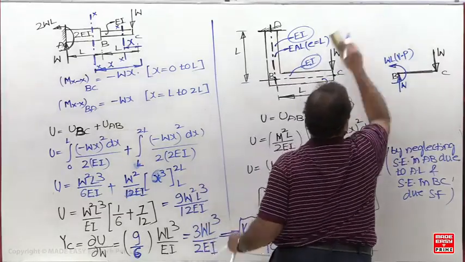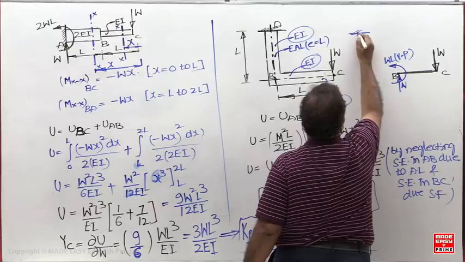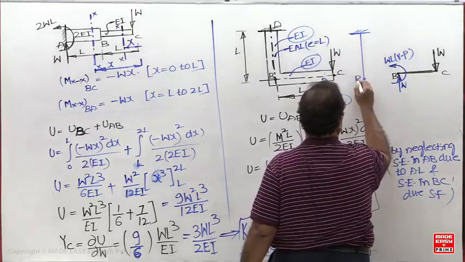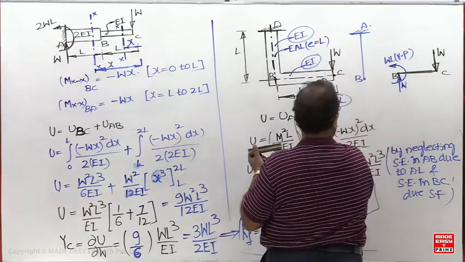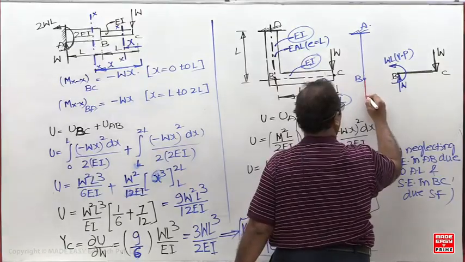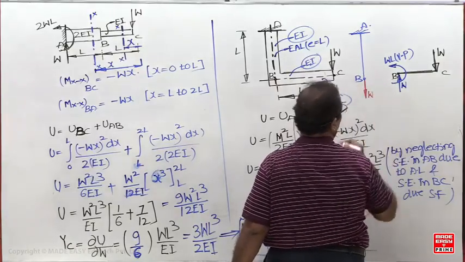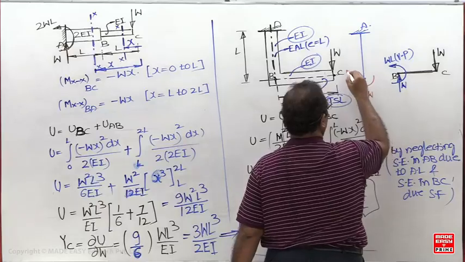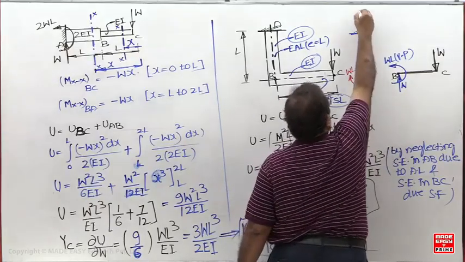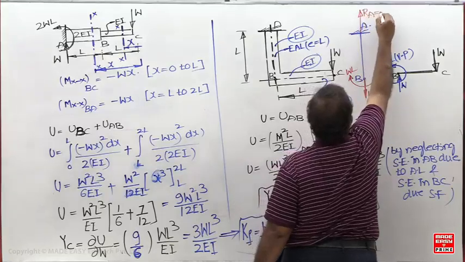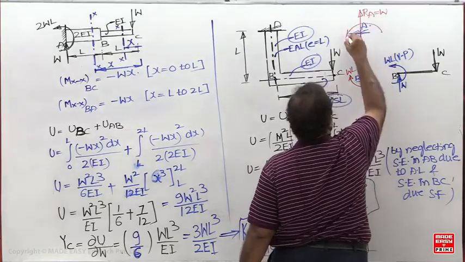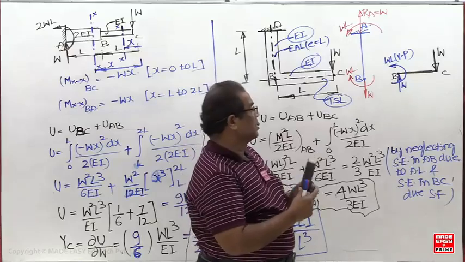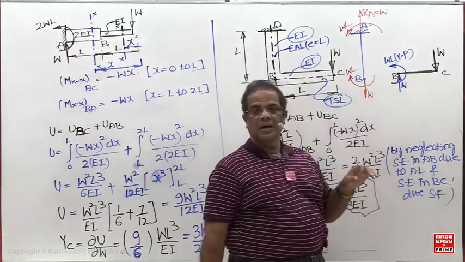Next, what about the AB member? In this member, you are going to get a shear force that is always neglected.